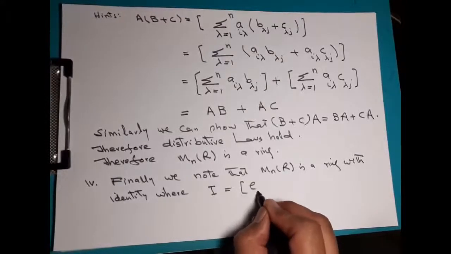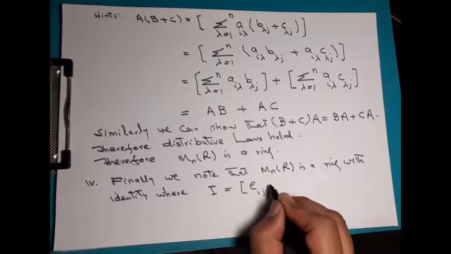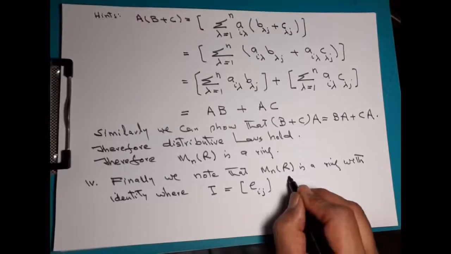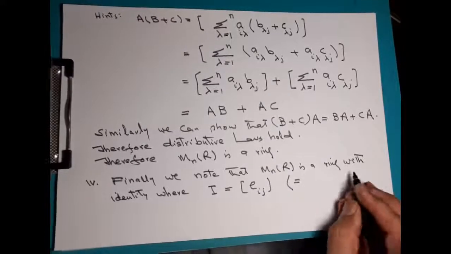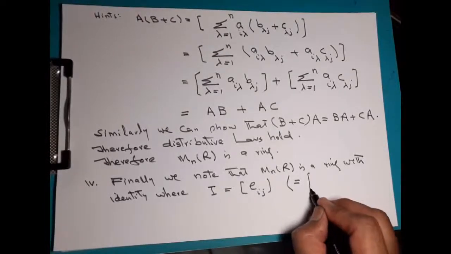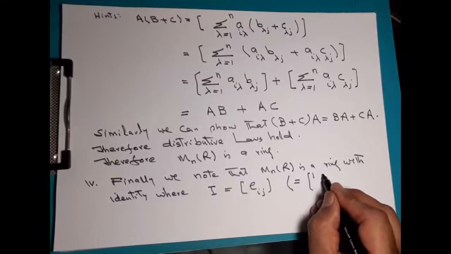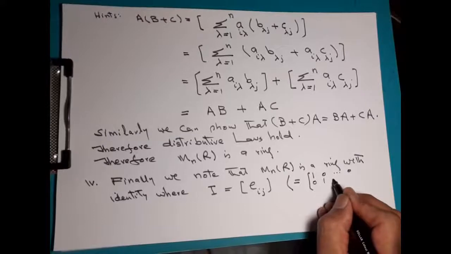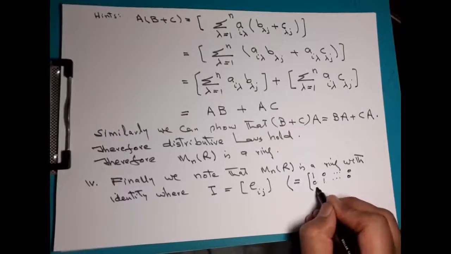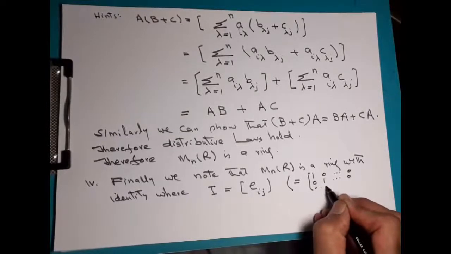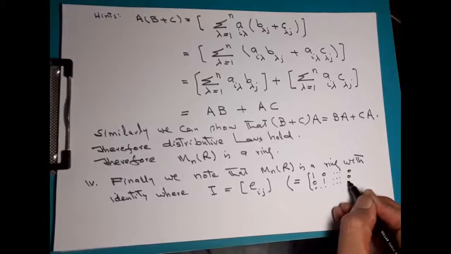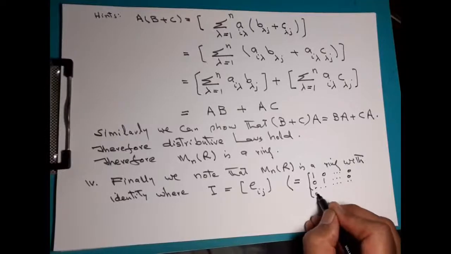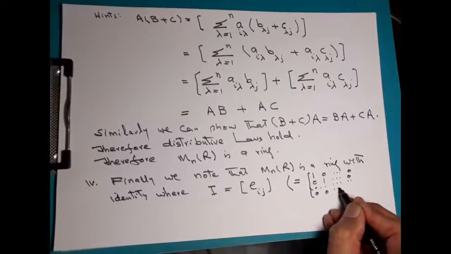Let's write it as Eij, and in fact this matrix is going to be, let me explain it here, 1 0 so on up to 0, 0 1 so on up to 0, so on up to 0 0 so on up to 1.